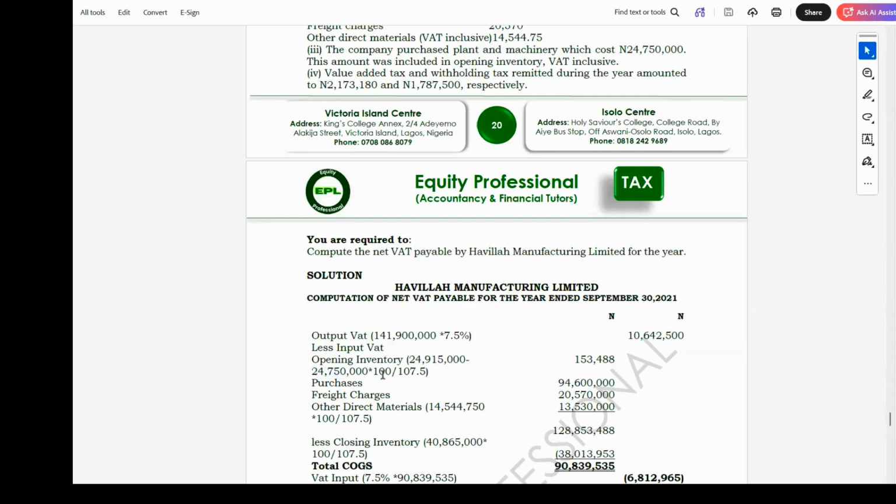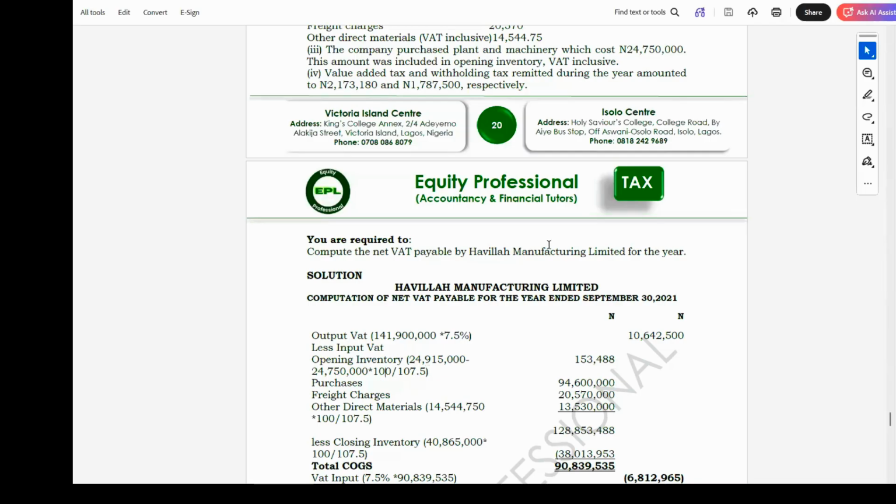This value is VAT inclusive, according to the information given to us, which means this value is at 107.5, but we want to get the 100% in order to calculate our value added tax.